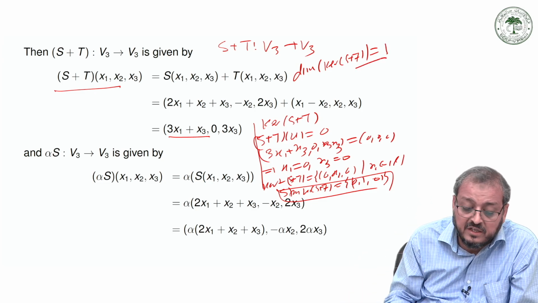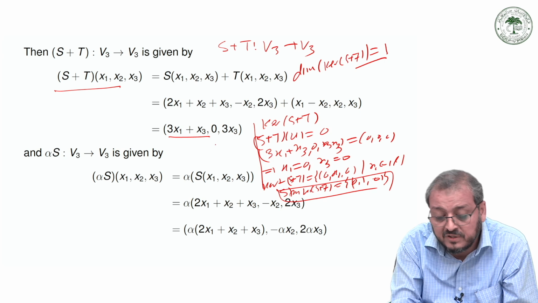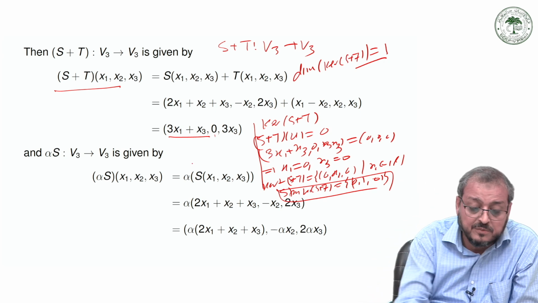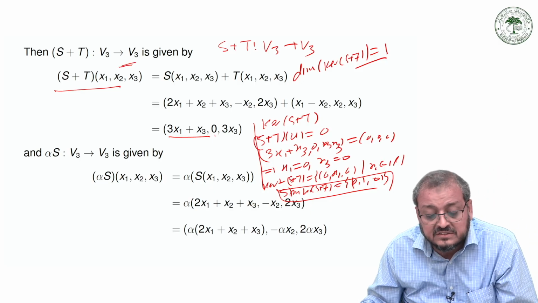Similarly, we can find the range also. The range has the second term 0. So, the range is a proper subspace of the x, z plane.